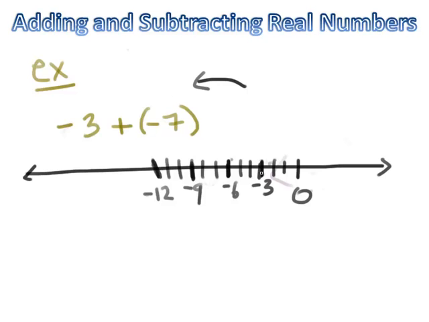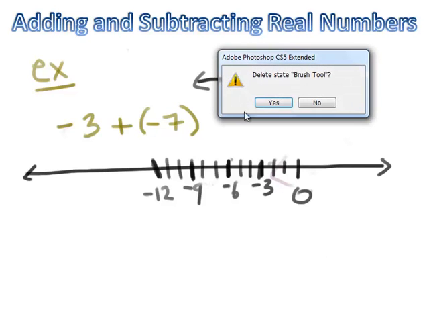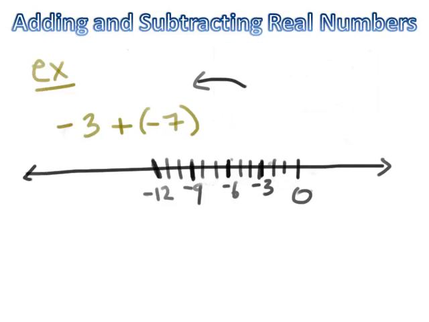So we'll start off at -3. Okay, here's your dot, and we are going in this direction because it's a plus negative.